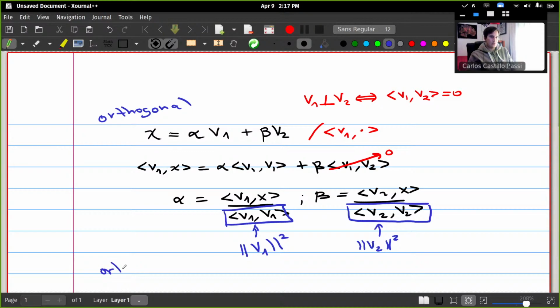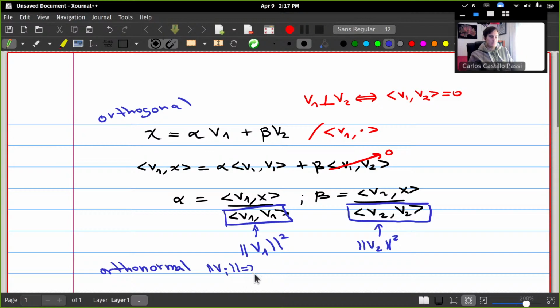And if I have orthonormal bases, normal means that each of the vectors in the basis has a norm equal to 1.